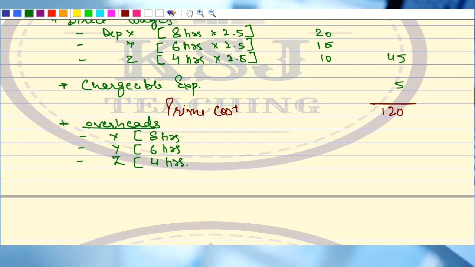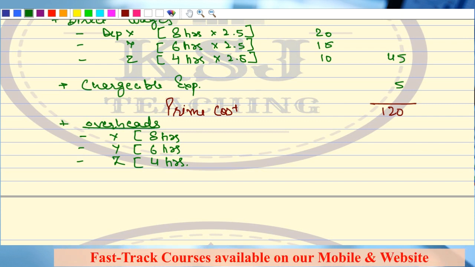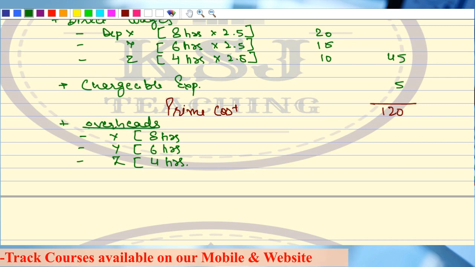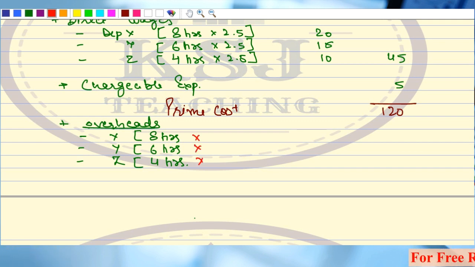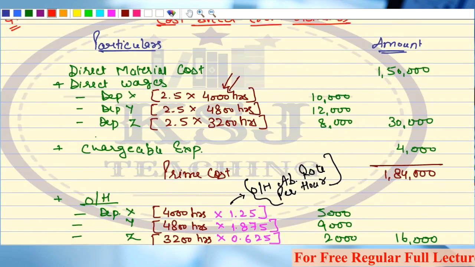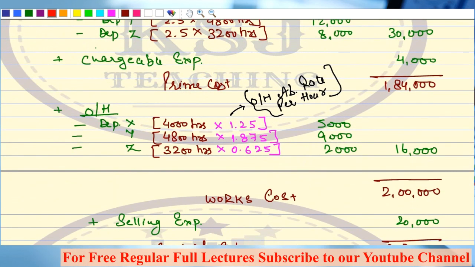Anybody has any issues with this? What I have done is, I have written the labor hours available in each department for this particular job, that is job 421. 8 hours, 6 hours and 4 hours. This is given to us in the question. Now, sir, we have to multiply it with the overhead absorption rate. The overhead absorption rate is what we calculated in this actual data. This one, this part.